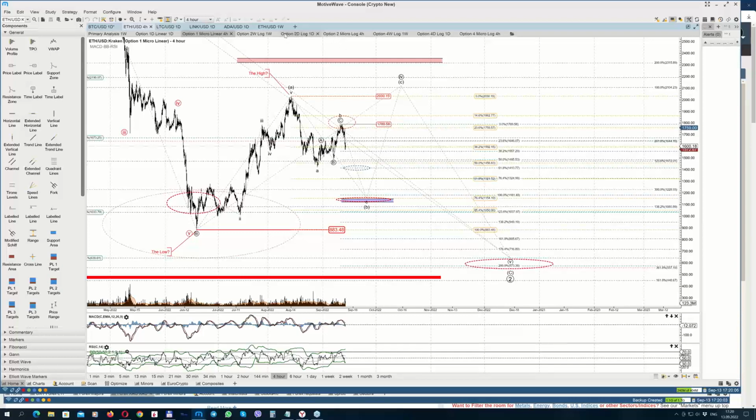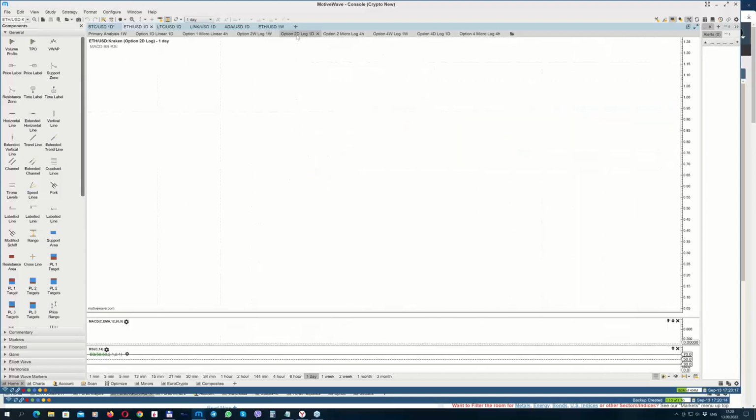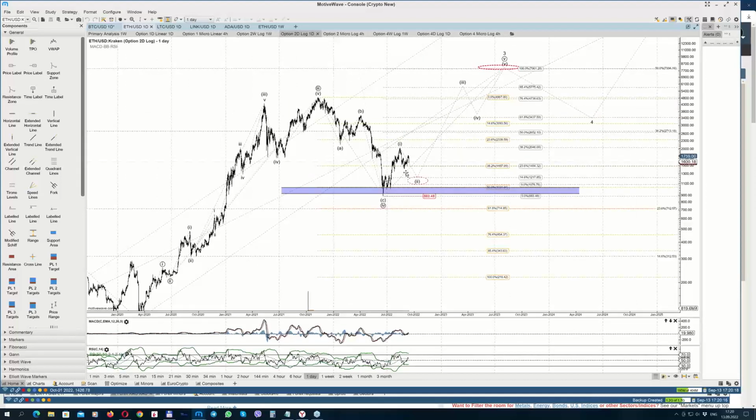Now let's move to the much more bullish scenario, suggesting that Ethereum has already bottomed at 883. More details. We're tracing corrective wave 2, which is supposed to trigger a powerful rally towards the 8,000 region next.